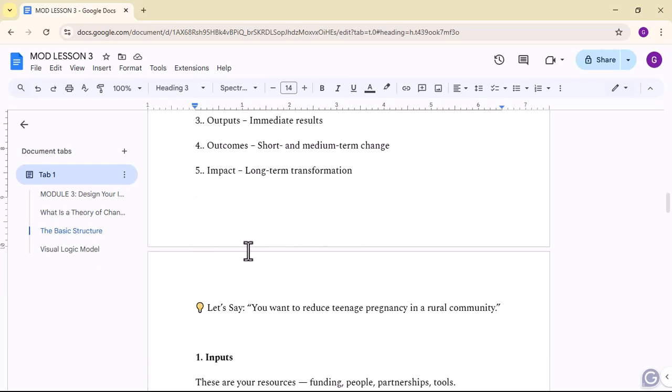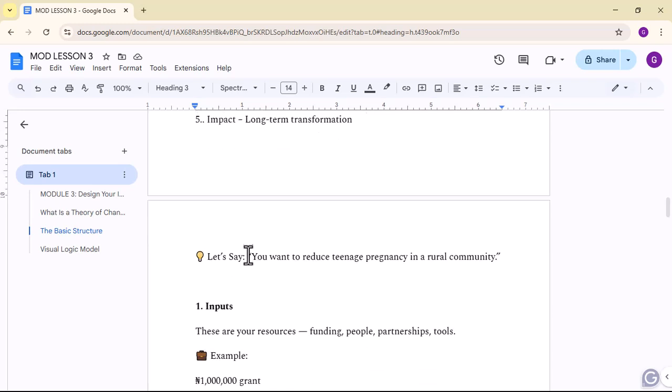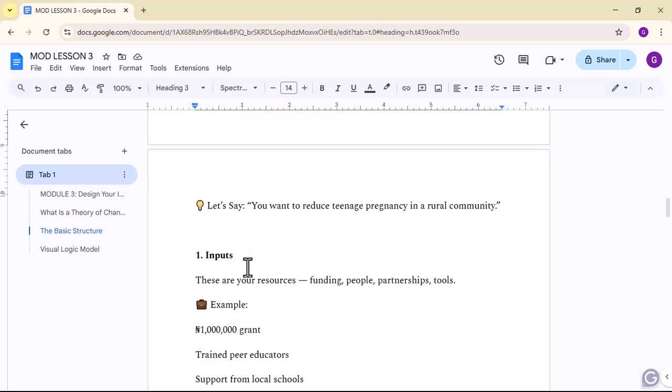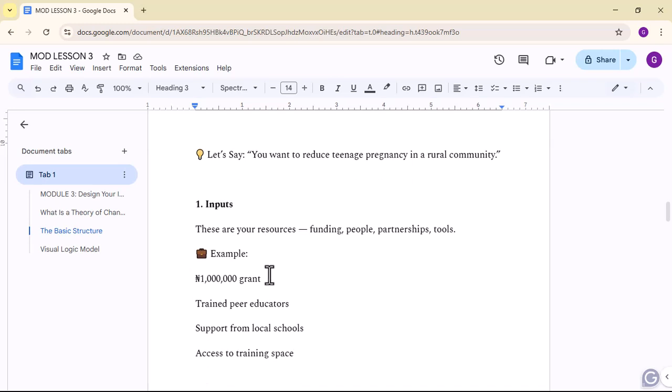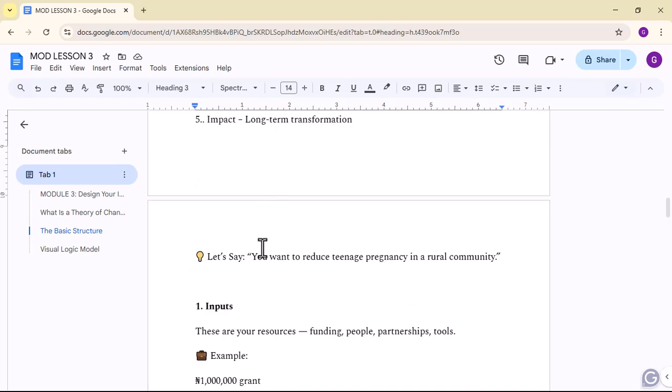Okay, let's say you want to reduce teenage pregnancy in a rural area, like I put here. This is the kind of problem we are working with. So your inputs could be resources, including funding, people, partnerships or tools.